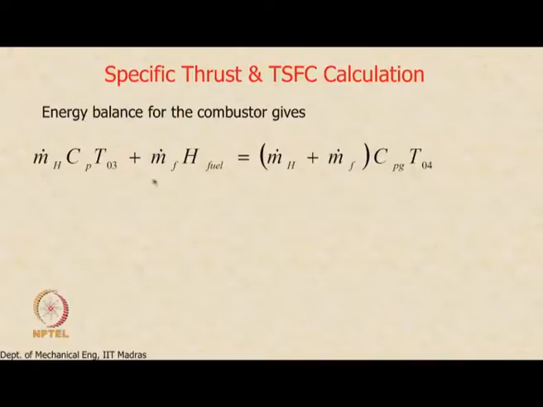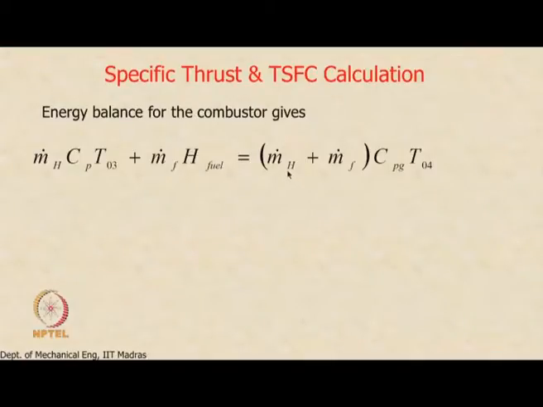Remember, T03 we have already calculated from the given overall pressure ratio for the combustor, and T04 is prescribed as the maximum allowable temperature in the cycle. So, the turbine entry temperature is given to us, and once again mf dot is usually negligible when we add it to mh dot.